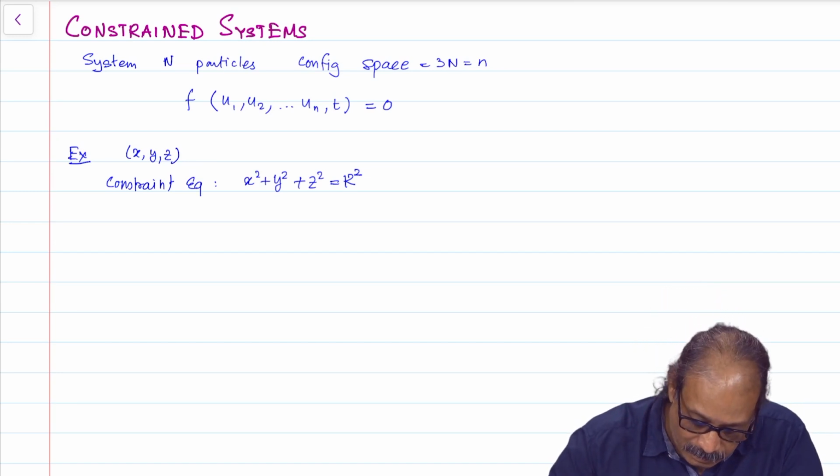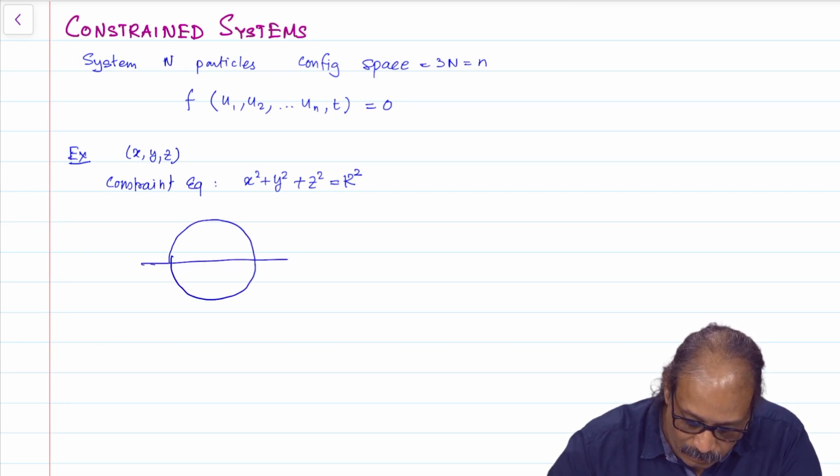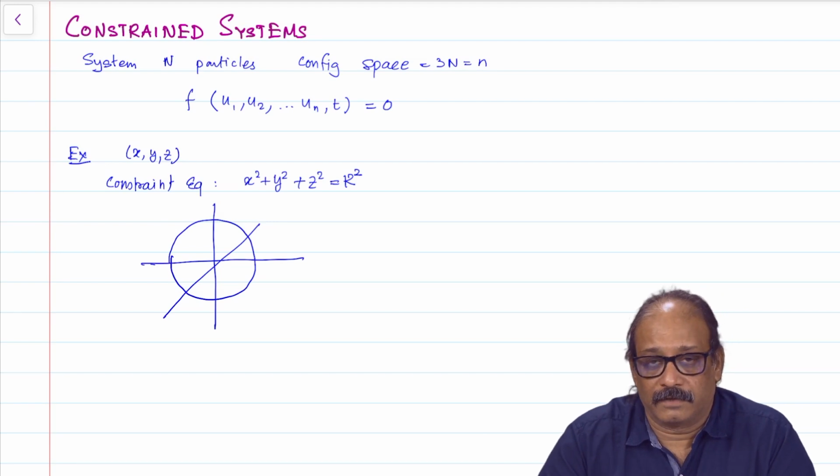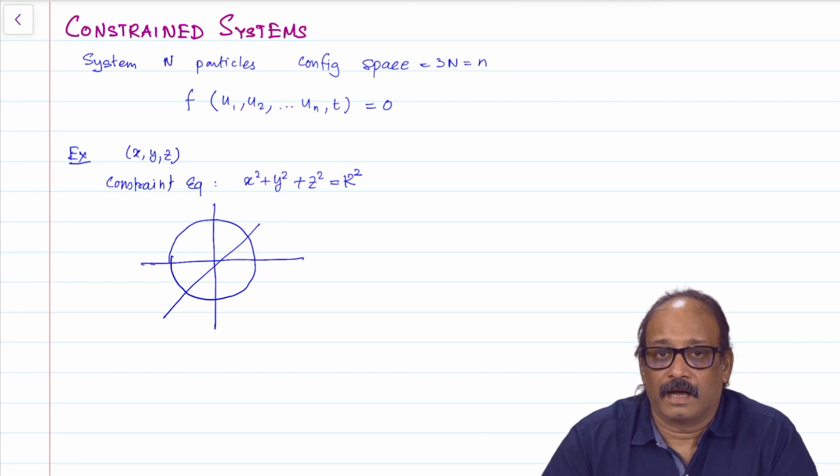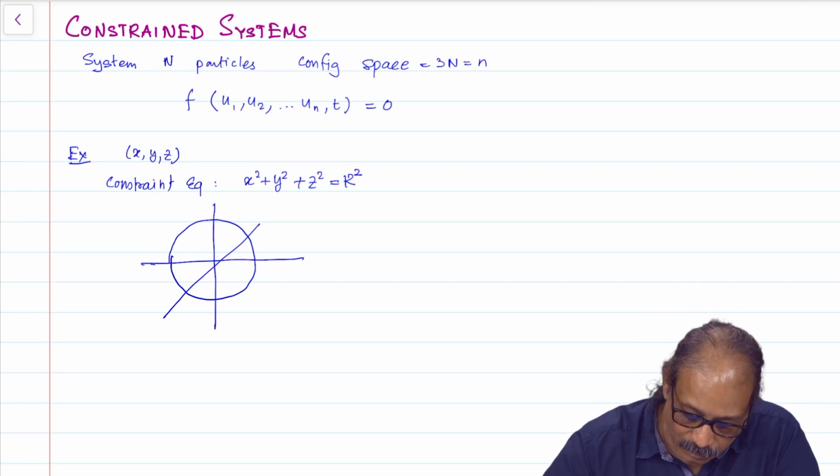So, here the particle will be confined to move on the surface of the sphere. Now, all that we know is that on the surface of the sphere, each point can be specified by 2 coordinates.